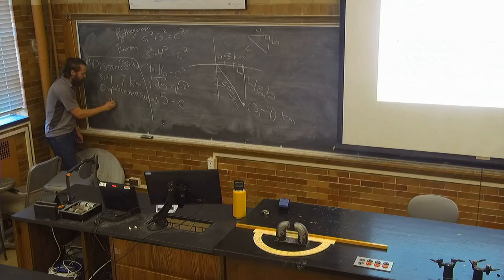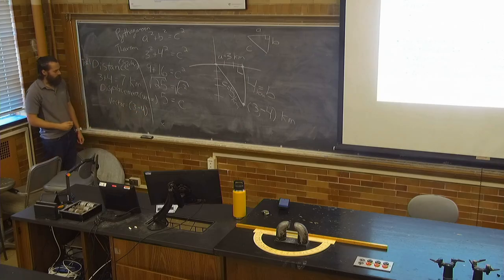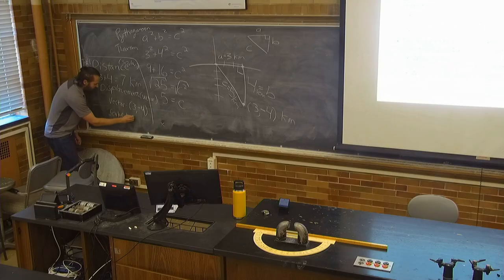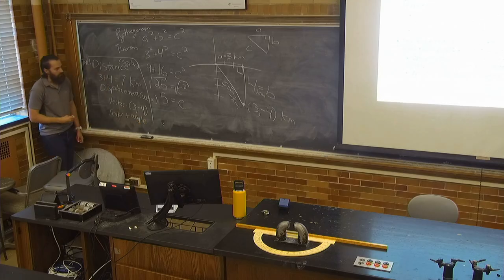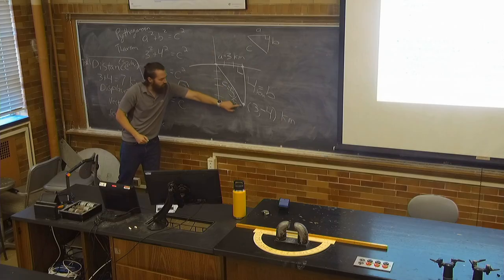In vector form, it would be (3, -4). The other way you can display it is with a scalar plus an angle. So we already have the scalar, which is 5 kilometers.